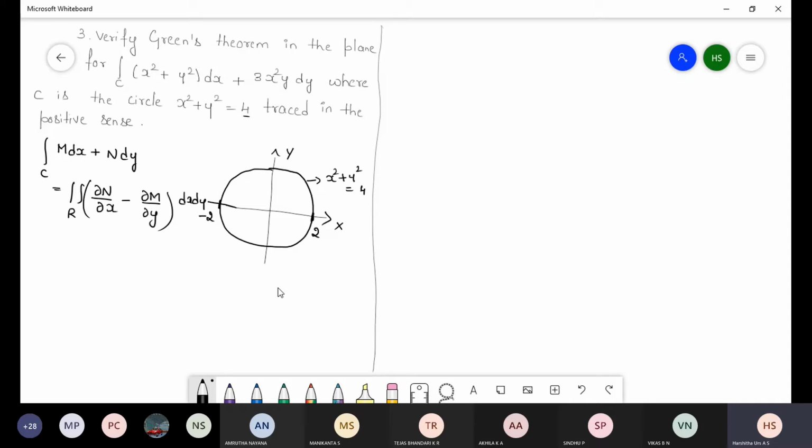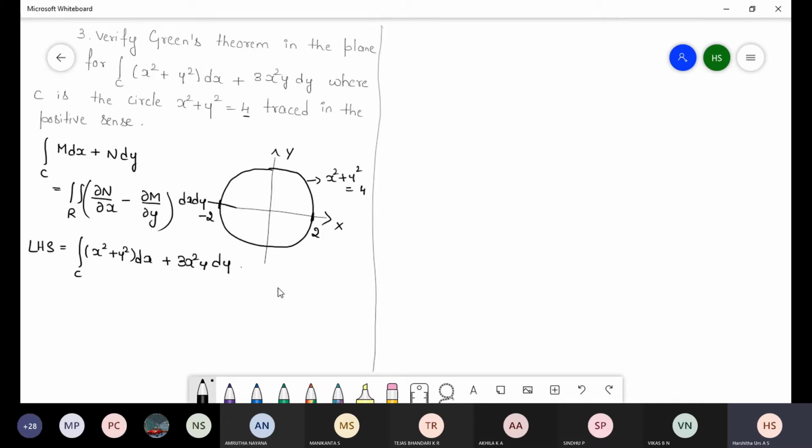So they have given the equation in the question, that is the LHS part, the integral over the curve C of (x square plus y square) dx plus 3x square y dy. Here, when they give the equation of the circle, the limit also varies, theta is equal to 0 to 2 pi.